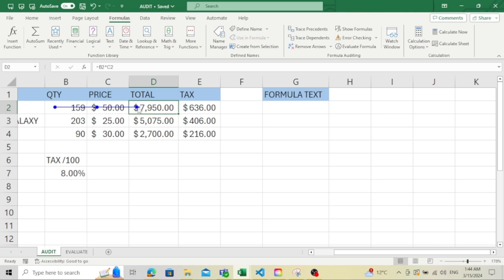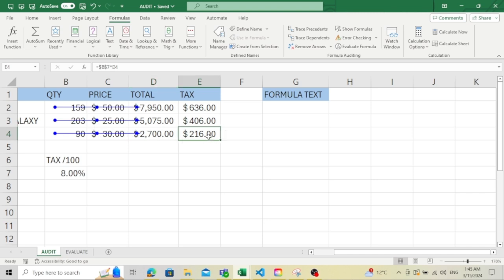So the result is stemming from cells B2 and C2. If we click on this and click on trace precedents, it tells us this cell B3 and C3 gives us this value. If we click on C4 and trace precedents, it tells us that this cell and that cell precede this cell.